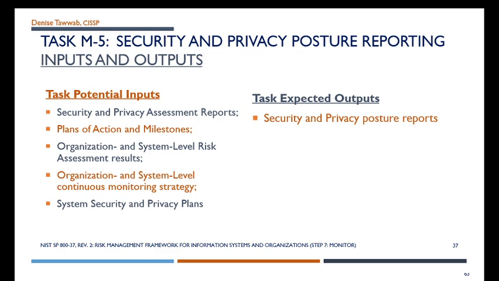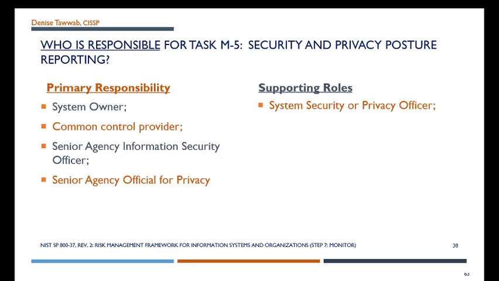Inputs to security and privacy posture reporting include your security and privacy assessment reports, your POAMs, your organization and system level risk assessment results, your organization and system level continuous monitoring strategy, and your system security and privacy plans. The expected output from this task is your security and privacy posture reports.